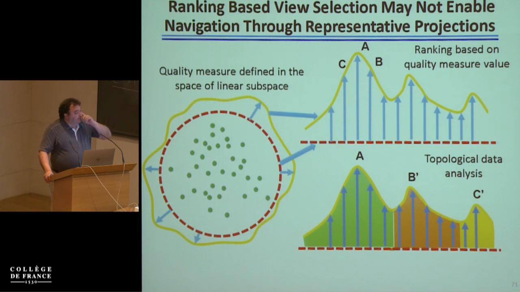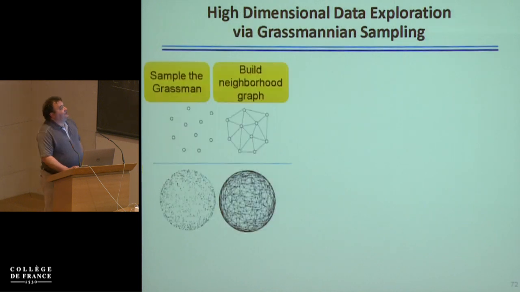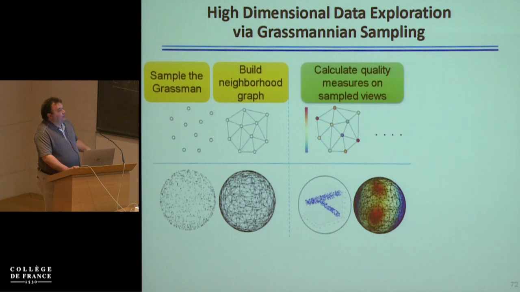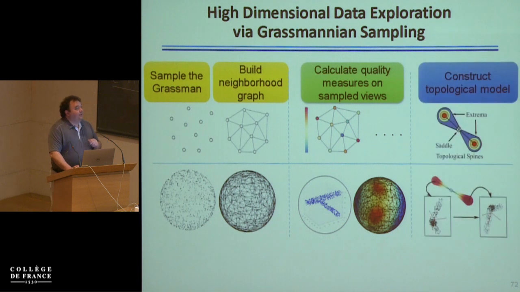And so this tends to give a good sampling of the space. So you now go from just sampling your high-dimensional space to sampling the Grassmannian. You might want to build your neighborhood graph or whatever is your favorite algorithm to get some connectivity. Now, for each of those views, you can just draw them and build a quality metric.